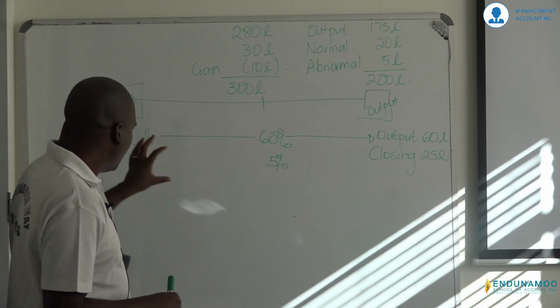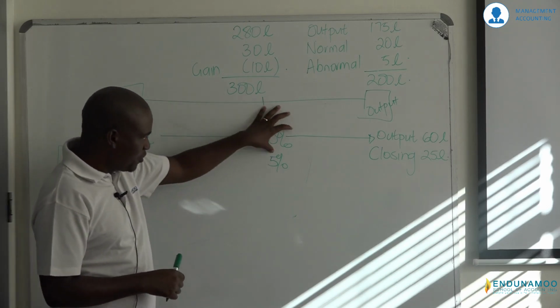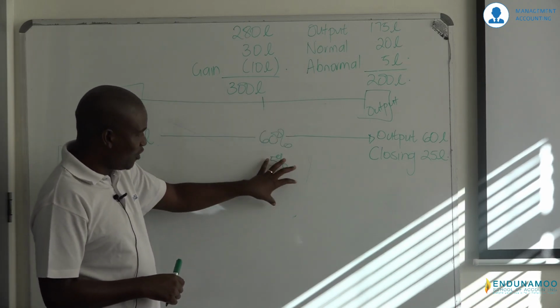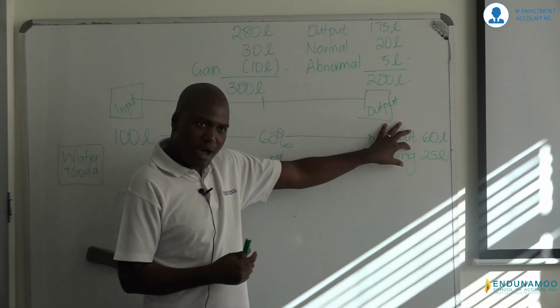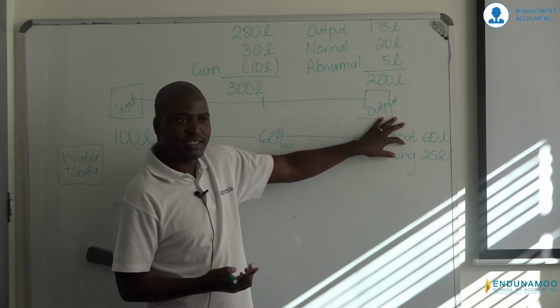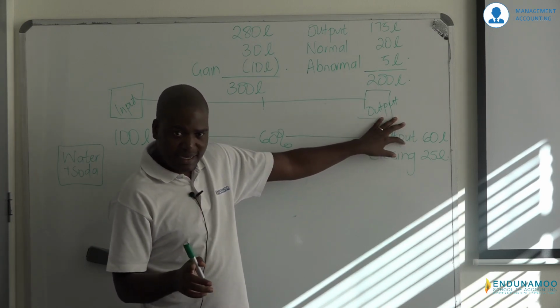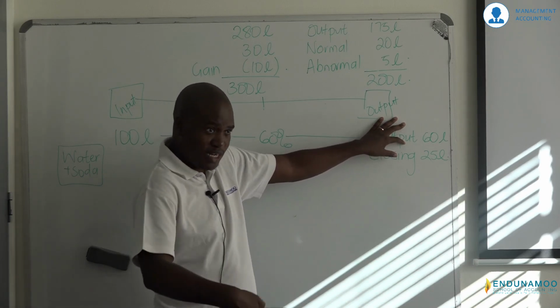So one, I put in 100 of these things into the process. I got through 60% of the process and I lost 5% of it. Then at the end of the day or month or week, I realized that I'm only done with 60 liters of output. In other words, if there were a bottle, I'll have 60 bottles in here.